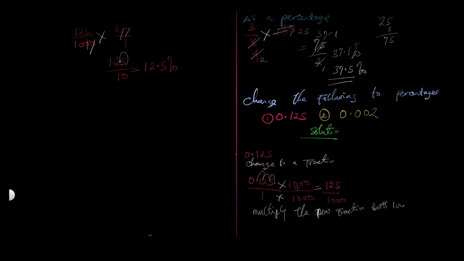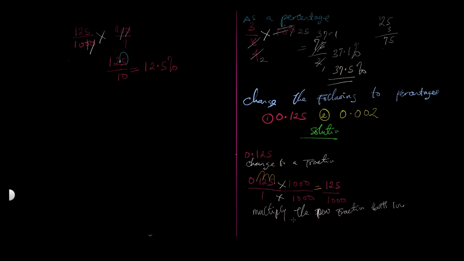This one has 3 zeros, so we are moving the decimal point 3 places forward. We moved 1, 2, 3. When we did that, the answer became 125. And we multiplied the denominator with 1000. 1 times 1000, that was 125 over 1000.